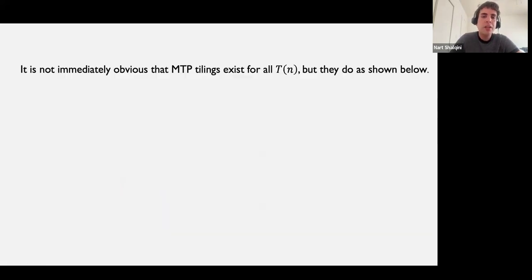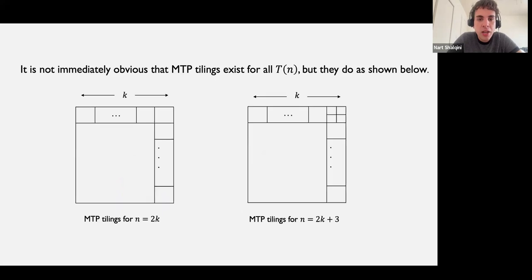So of course we also have to check that MTP tilings exist for all n. So given any number n, we can have a tiling that's MTP. This is easy to construct if n is even.